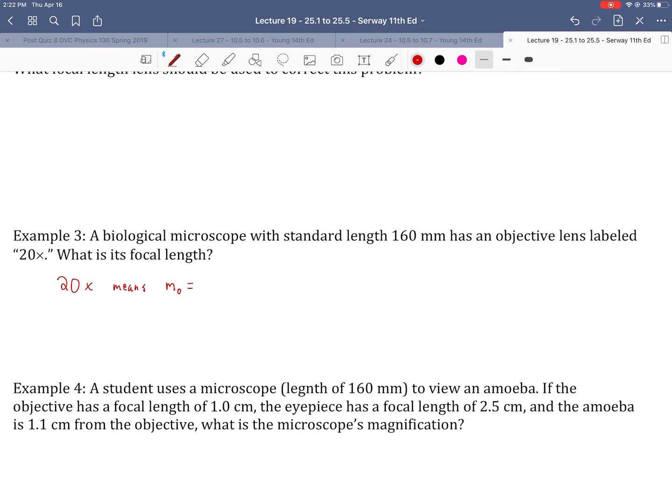Magnification is a formula of negative H prime over H, using the same notation we've been using throughout these sections and these lecture notes. And if it's 20 times bigger and it's a real image, not a virtual image, then we're going to have negative 20, because H prime is 20 times bigger but it's a real, inverted image. So it would be negative 20.